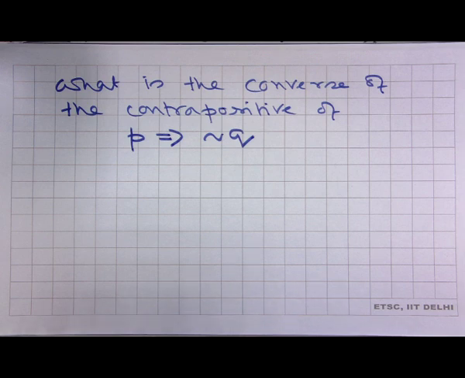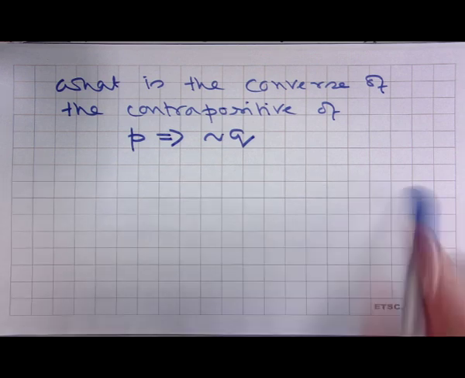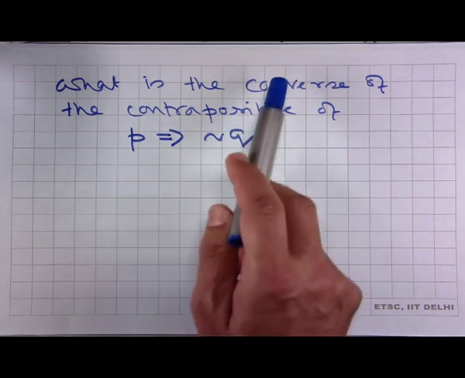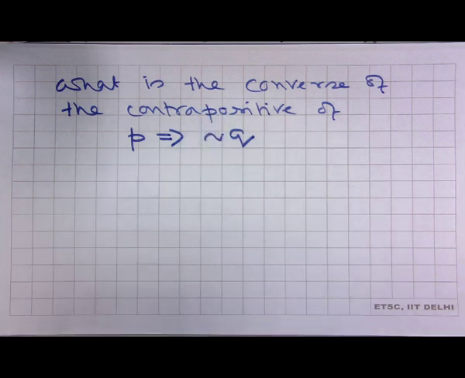This can be part of an MCQ, and you have been given different options, and you have to find out the converse of the contrapositive of P implies not Q.